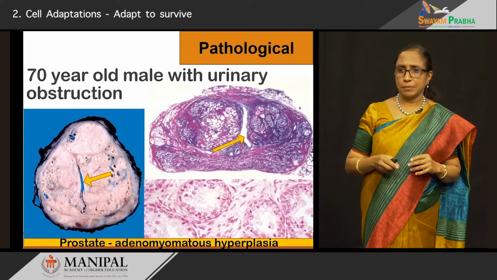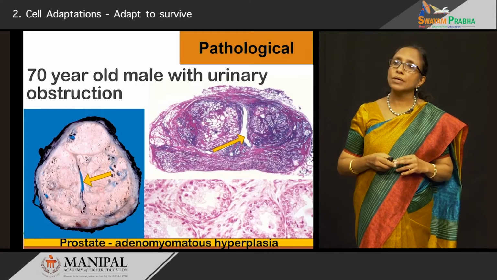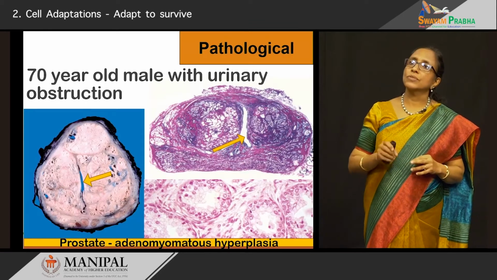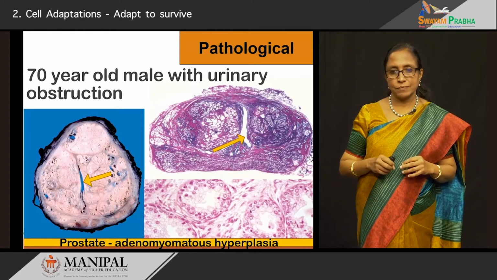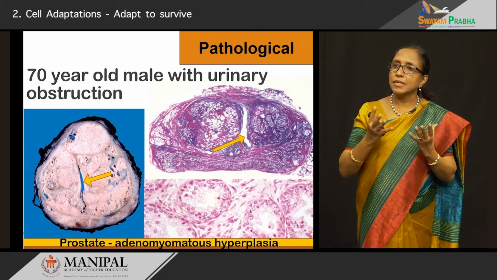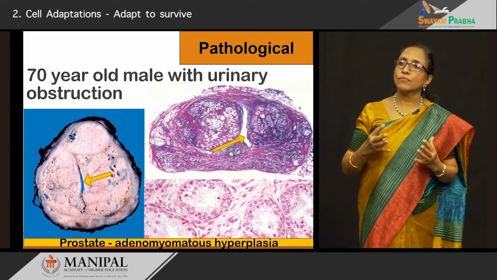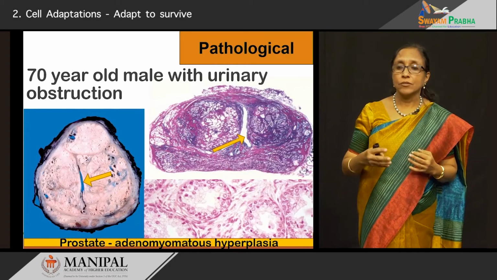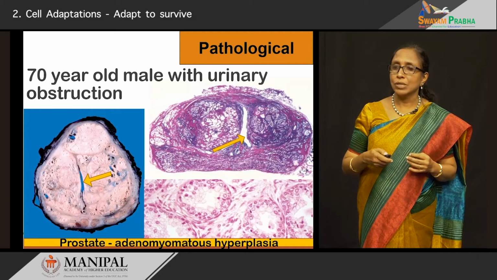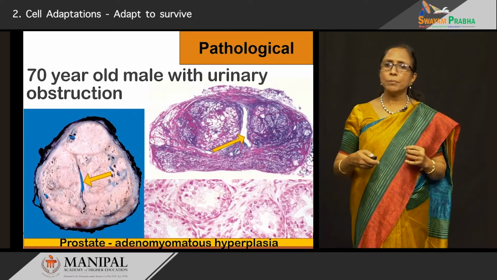Now, another example, a pathological condition, a 70-year-old male who has urinary obstruction. The arrow shows the urethral orifice. The prostate, which is lying just below the bladder neck, is enlarged because of the hyperplasia that has occurred of the prostatic glands. We usually call it adenomyomatous hyperplasia. What do you mean by that?